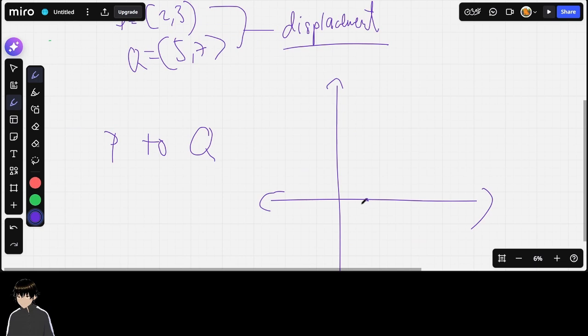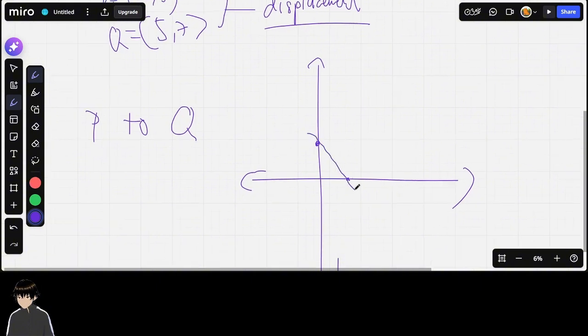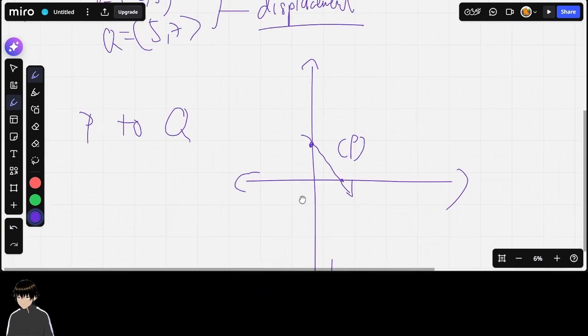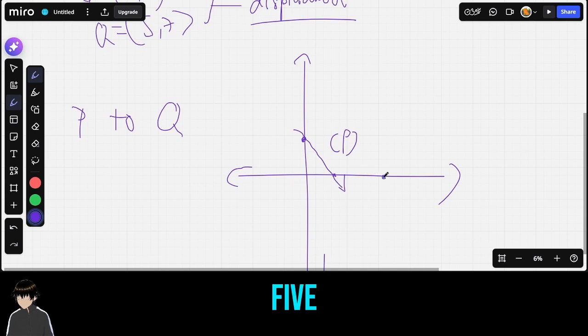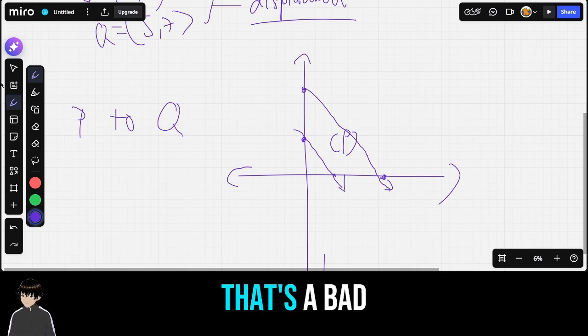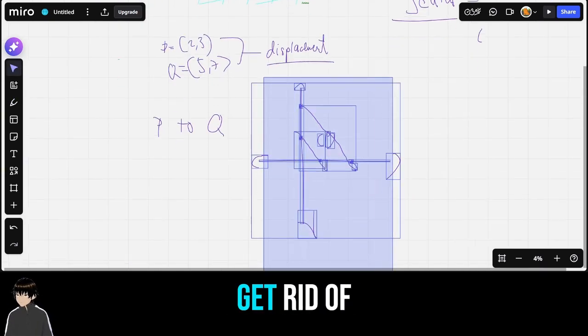Say this is P. Then Q is here, 5, 7. Oh, my bad. That's a bad example. Let me just get rid of that.